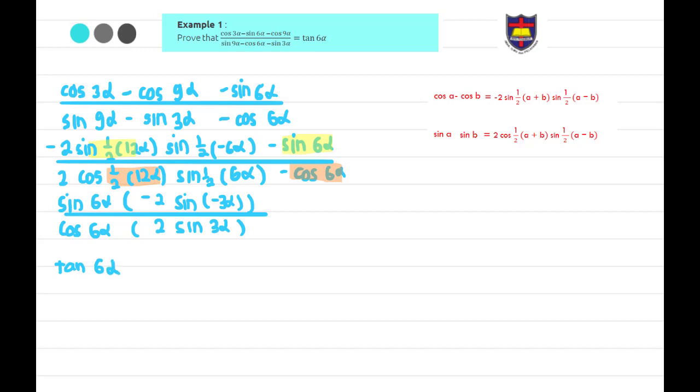What about minus 2 sine minus 3 alpha? Since actually this one is sine in the fourth quadrant and it is negative, it can become positive by meeting the other sign at the front. So this is sine 3 alpha as well. So you can cancel the sine 3 alpha in both numerator and denominator, and now we can prove that it is equal to tangent 6 alpha.